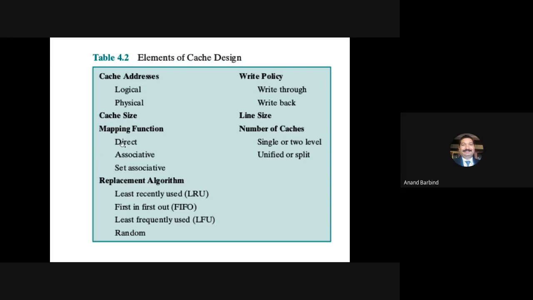There are three different types of mapping functions: direct, associative, and set associative. Use of the proper mapping function will also decide the performance. We shall see these mapping functions.